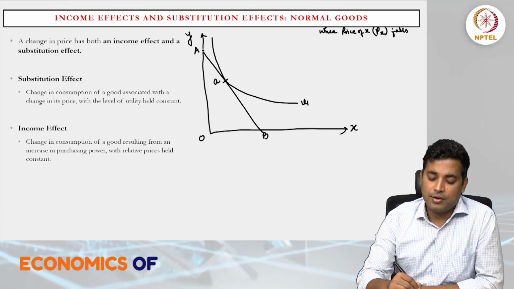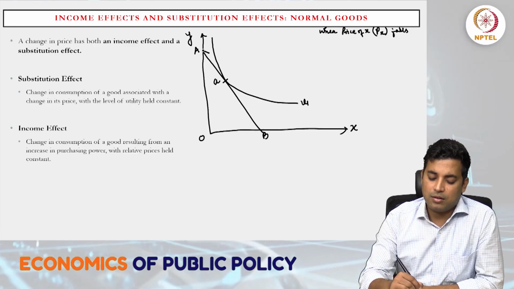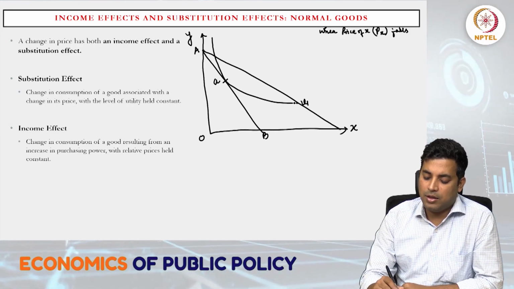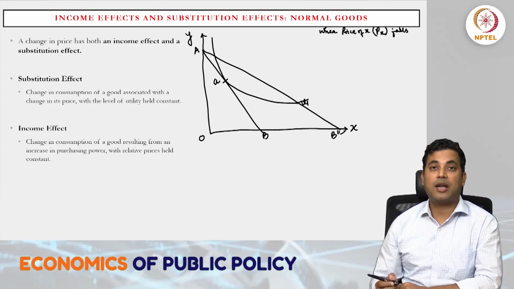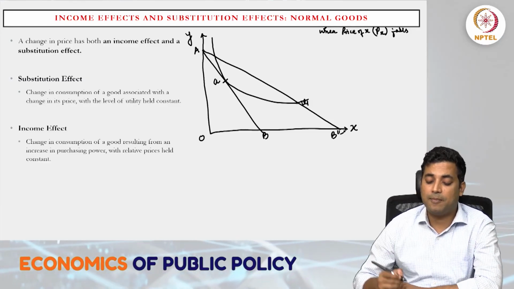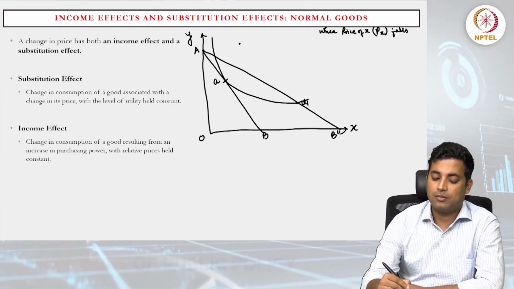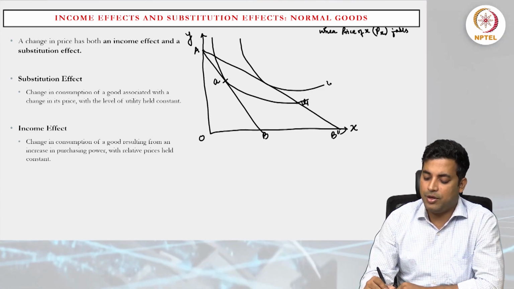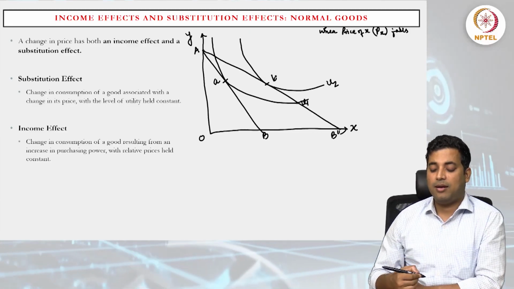So if it falls, then the new budget line that we get will be flatter, and say a new utility curve, and small b is our new tangent point.